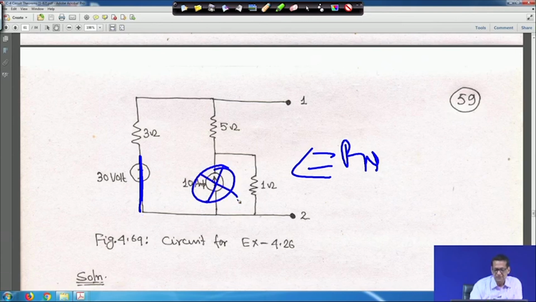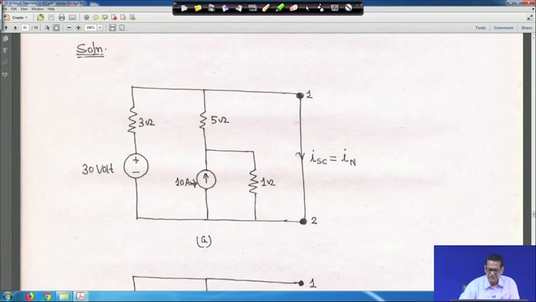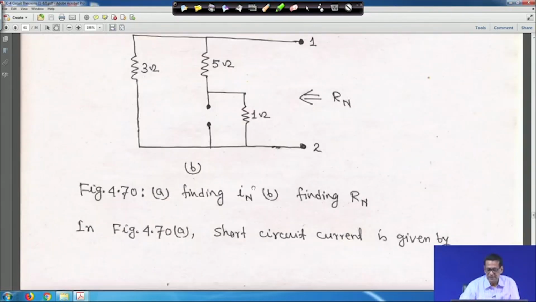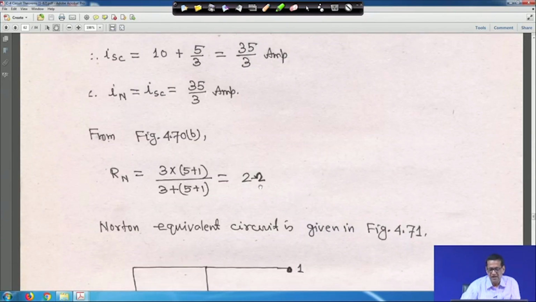So in that case, this 1 ohm and 5 ohm will be in series, so it will be 6 ohm, and this will be 3 ohm. So 6 ohm and 3 ohm are in parallel, right. So let me clear it. You will get this, and this is the short circuit current. For Rn you will get 2 ohm, Rn is equal to 2 ohm, right, this is Rn.